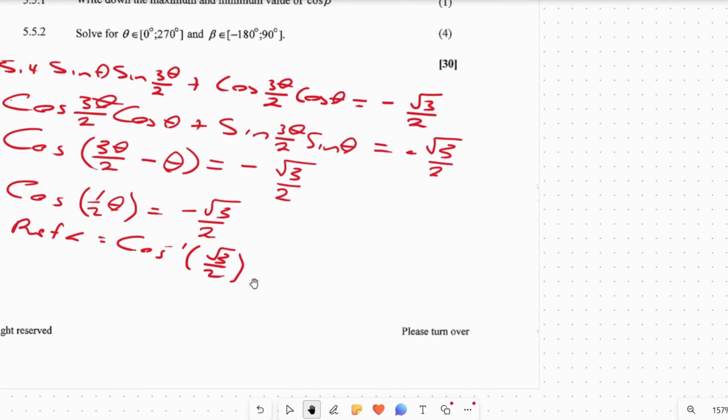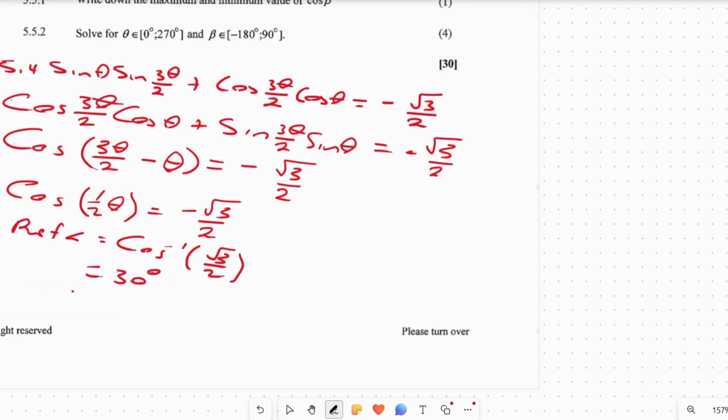You see there's a negative there, I don't include the sign. When you do shift cos of root 3 over 2, that gives me 30, so the reference angle is 30 degrees.